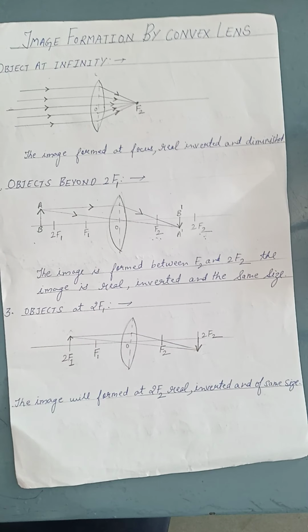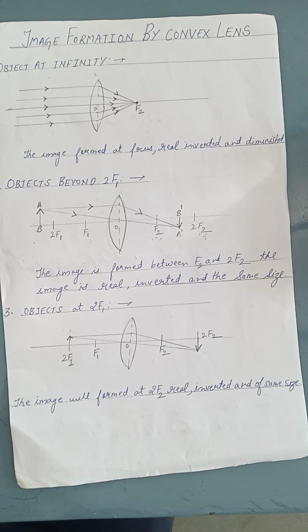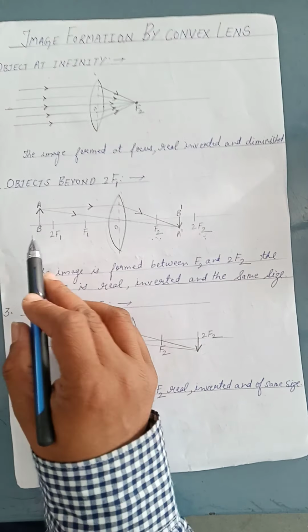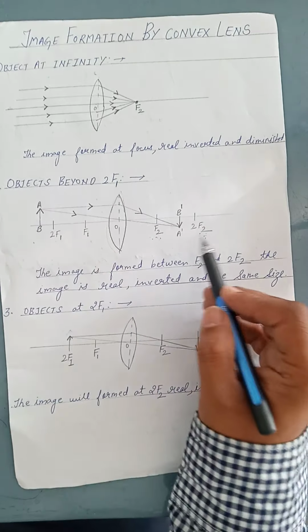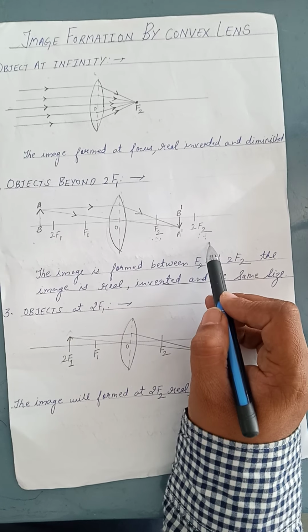Now you will realize that this convex lens has the same image diagram properties as the concave mirror which we have done. In that case also, when you kept the object beyond 2f1, the image was forming between f2 and 2f2.